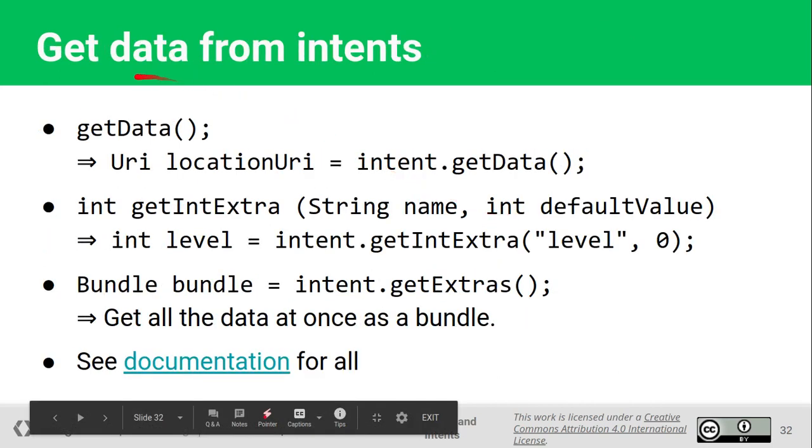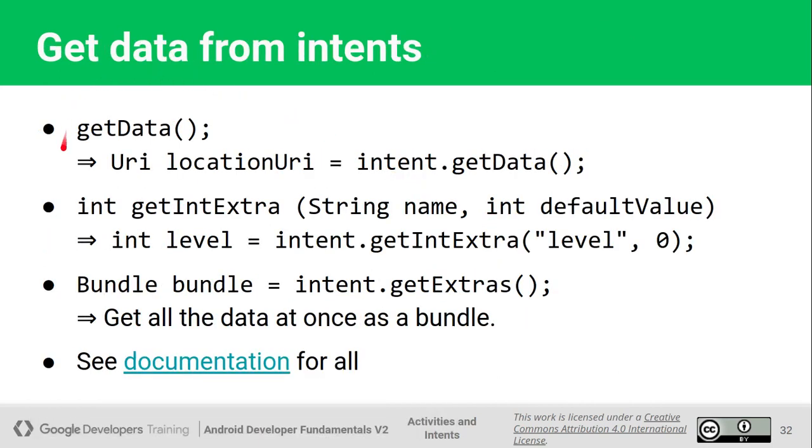On the receiving activity, we get data. If we pass in data, we get it using getData, and getData will return a URI. If we send extras from the first activity, then we receive using the getIntent extra functions.